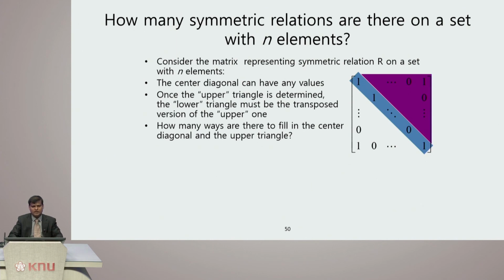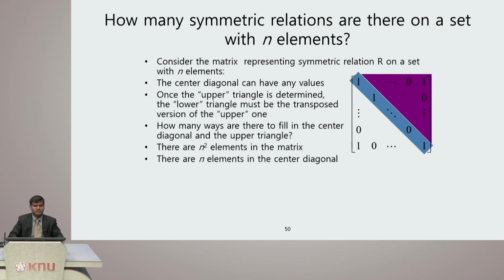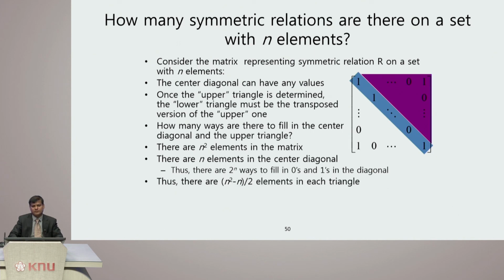How many ways are there to fill the center diagonal and the upper triangle is another question. There are n squared elements in the matrix, so there are n elements in the center diagonal, and thus 2 to the power n ways to fill zeros and ones in this diagonal part. Thus you have (n squared minus n) divided by 2 elements in each triangle, that's the upper and lower triangle.